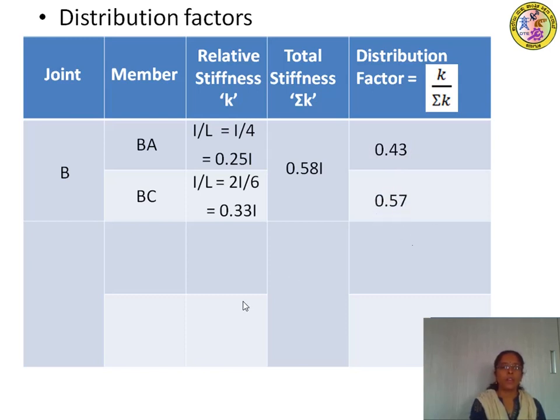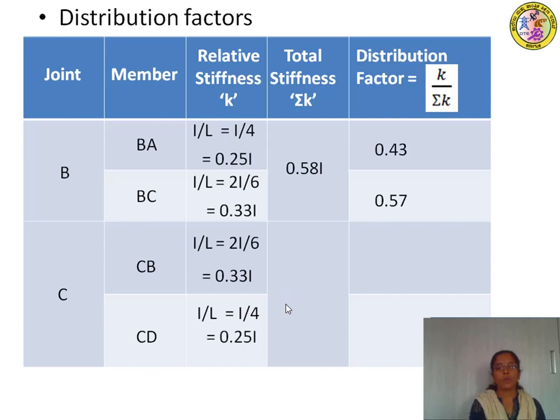Next, for joint C, for CB member, same thing, I by L, which is equal to 2I by 6, and the relative stiffness is 0.33I. And for CD member, I by L, which is equal to 1I by 4, and it will be equal to 0.25I.